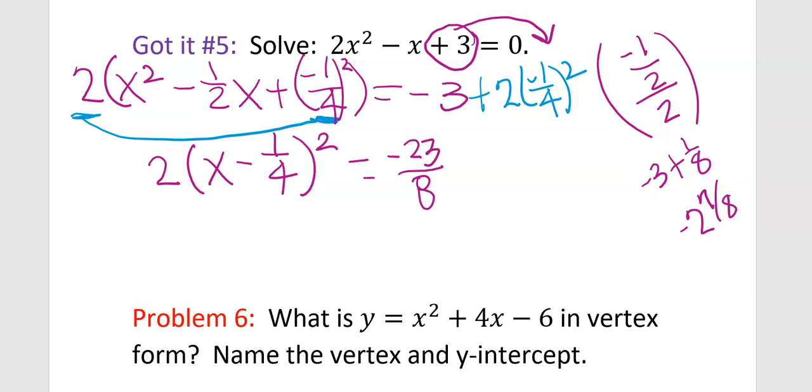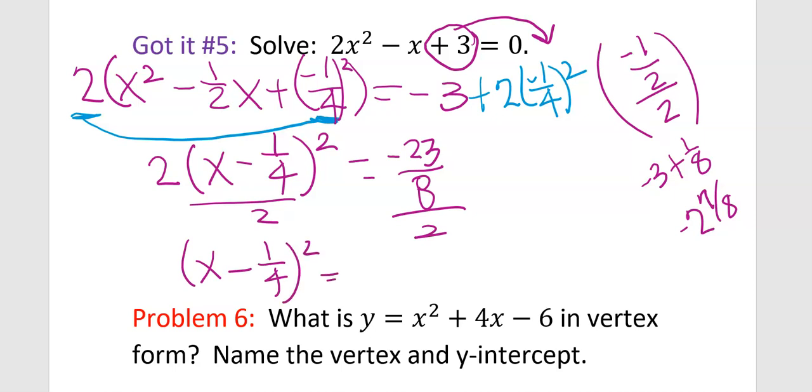Does it give you -23/8 or -2 7/8? Is that right? Okay. So again, it's an ugly fraction, but it is what it is. Now I would divide by 2. So I take my -23/8 and divide it by 2. And then the last step will be to square root both sides. So this would be -23/16. And then we'll square root both sides.